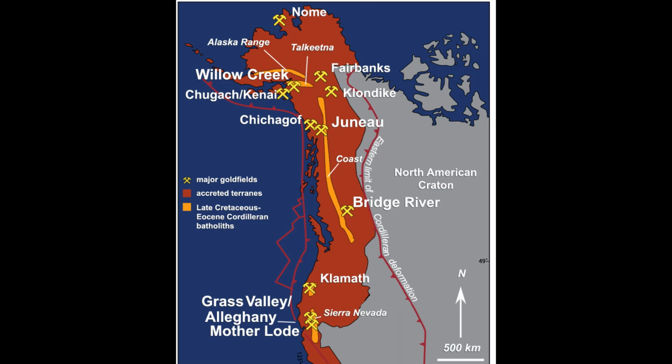And then the orange colored line is lines of intrusive rock, batholith, granitic type rocks that have been intruded and are there because of the plate collisions. And then the yellow gold mines are shown with them and how they correlate with all that. But this shows that these orogenic deposits do indeed extend north into Alaska.